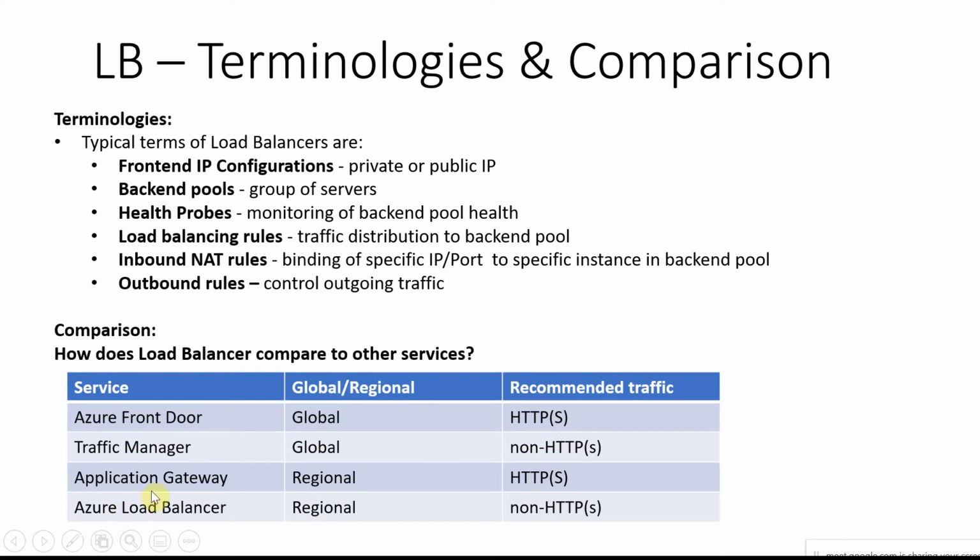Load balancer is a product which is global. Inside that in AWS we have, as I said, the network load balancer, which here is called Azure Load Balancer. It covers non-HTTPS traffic, which is TCP and UDP, so this is equivalent to the network load balancer. And the application load balancer is Application Gateway here, which covers the web traffic.